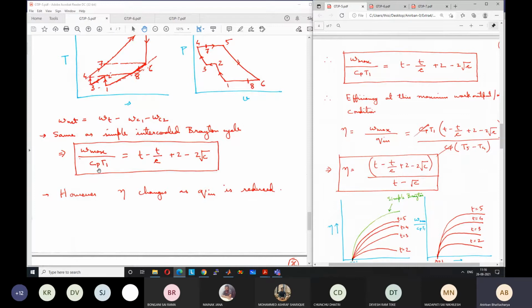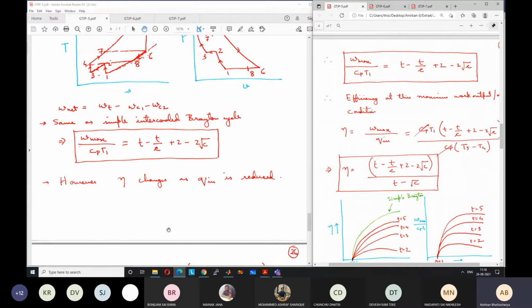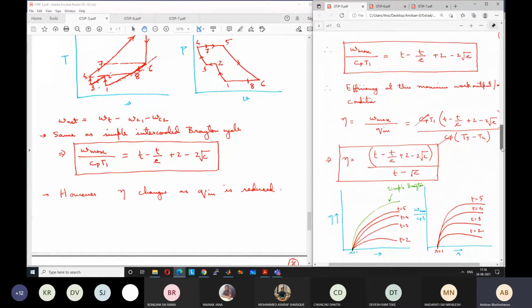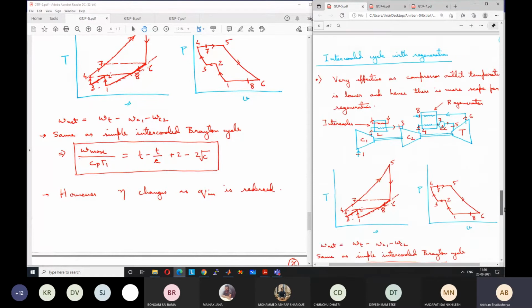So that will give us the work output. But as I was saying, the efficiency changes because the heat input is reduced.